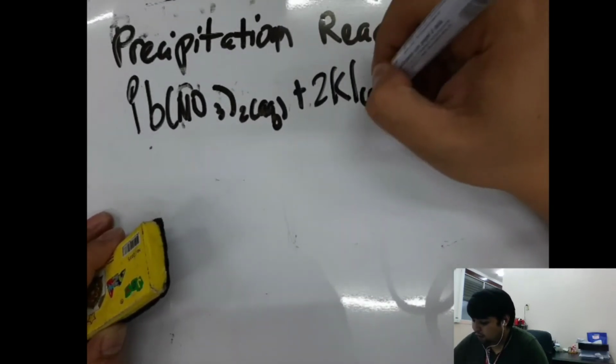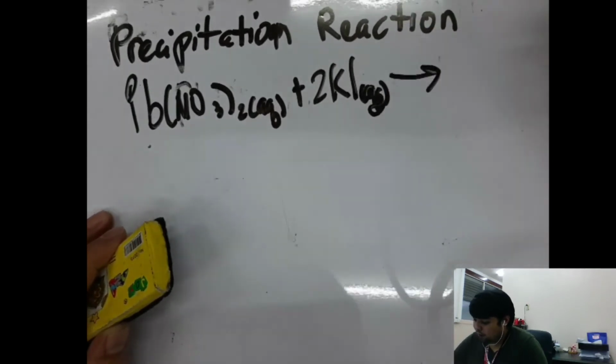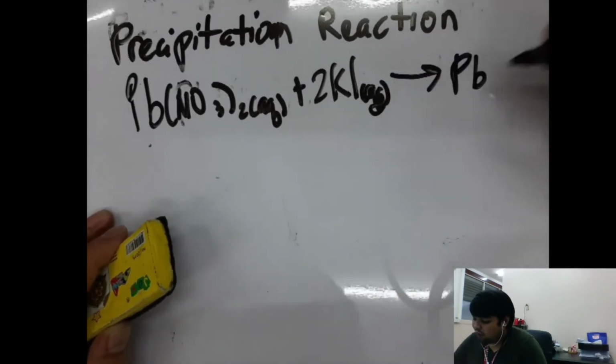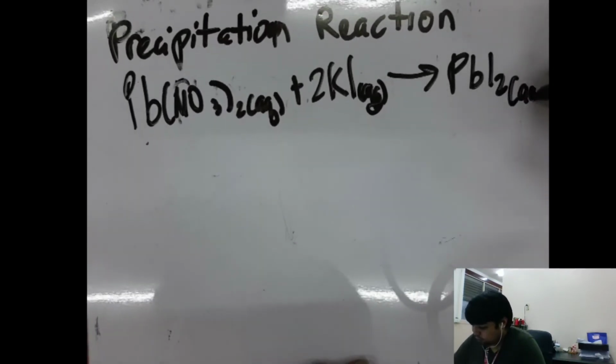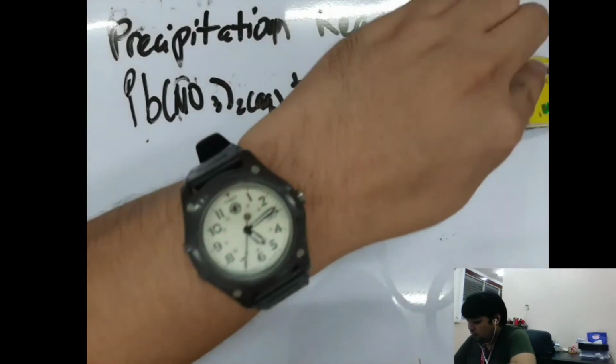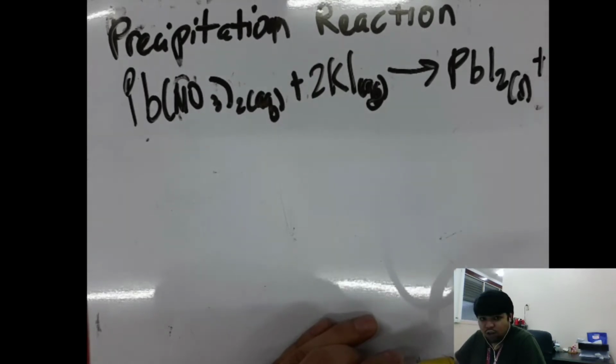I'll show you the balanced equation, to form the water-insoluble lead iodide. This is solid, since it does not dissolve in water, and potassium nitrate, which is aqueous.